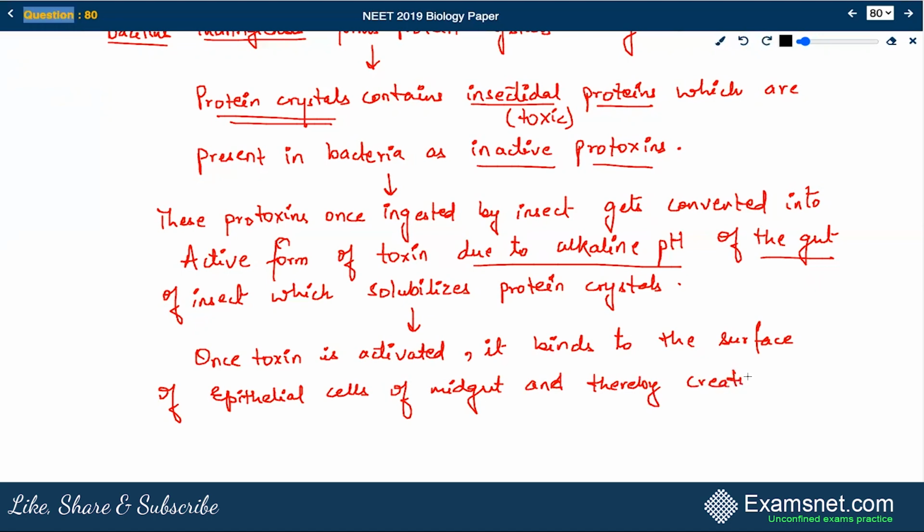Creating pores causes swelling and lysis of that particular cell. That means the cell is going to burst out.